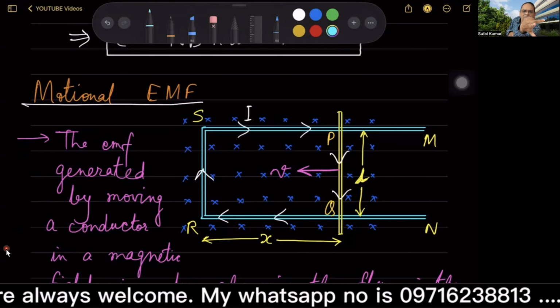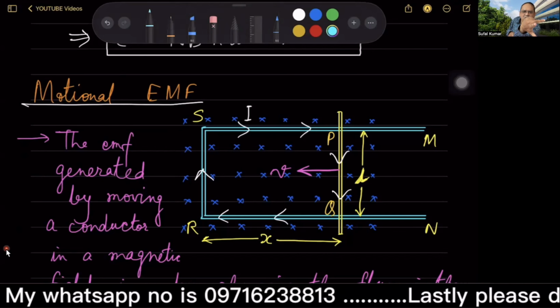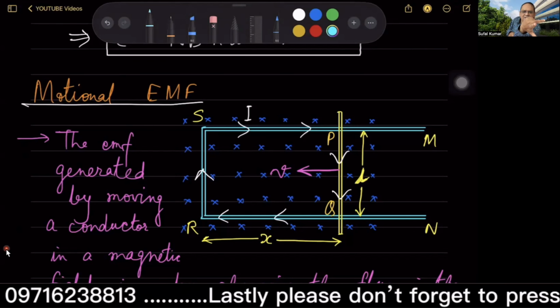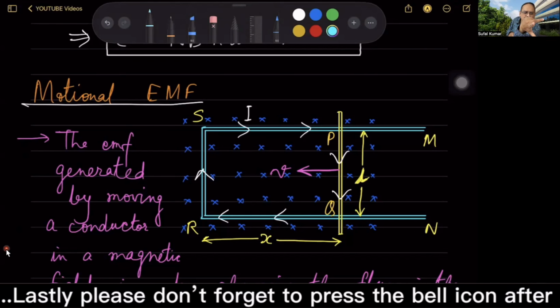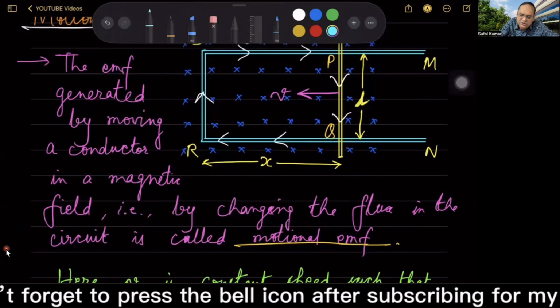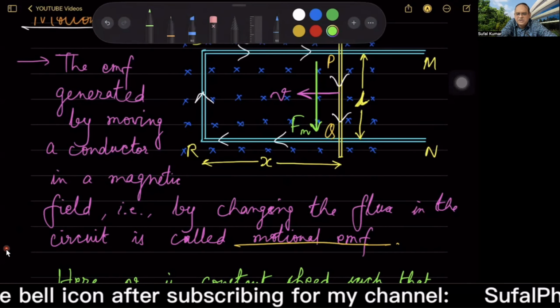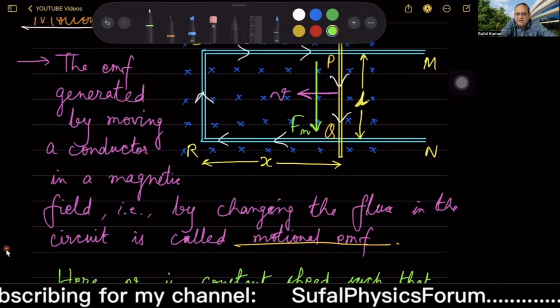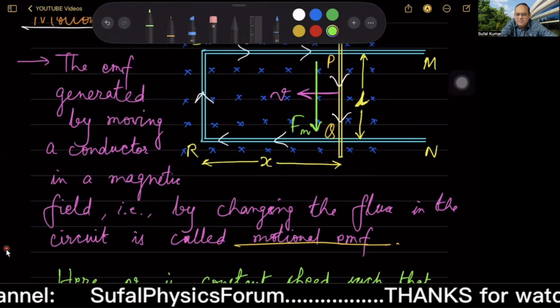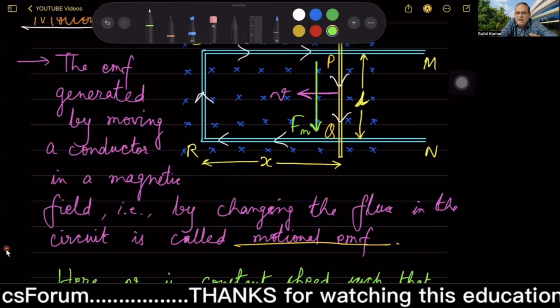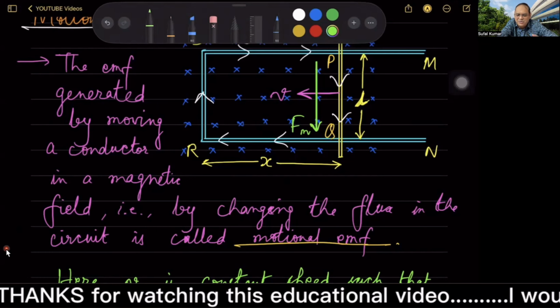That means if we consider my laptop screen, then it is P to Q. This is the magnetic force. I guess you must notice this magnetic force, and this direction was determined by applying Fleming's left hand rule.